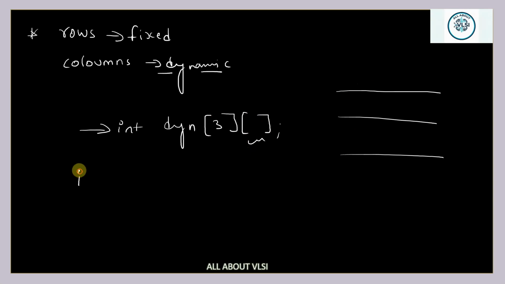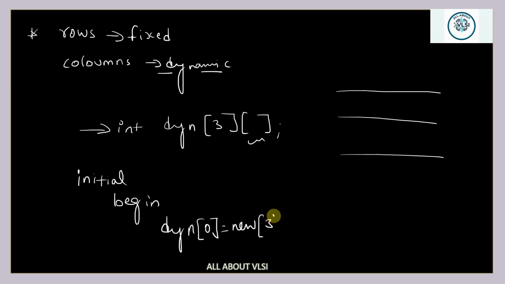Okay. So within an initial begin block, you are going to write dyn of 0 is equal to new of 3. That means in the first row, 3 columns will be created. Let's say if I write dyn of 1 is equal to new of 4, then in the second row, 4 columns will be created.